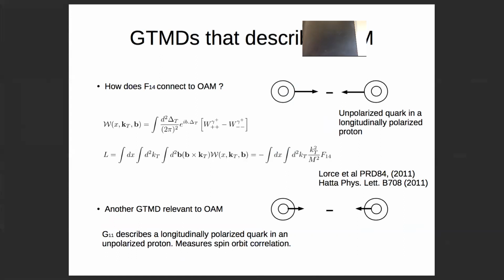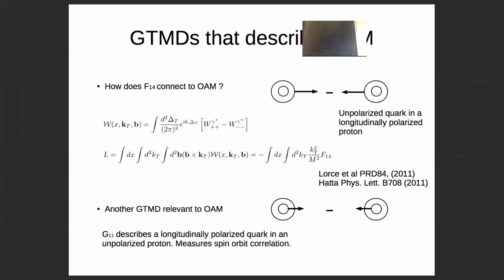There is another GTMD which describes spin-orbit correlations, and there are similar formulae like the kT squared moment of G11, which is also important. But the basic idea is that you weight your Fourier transform of the GTMD with this function, and just integrate over the b space, and you get this form.